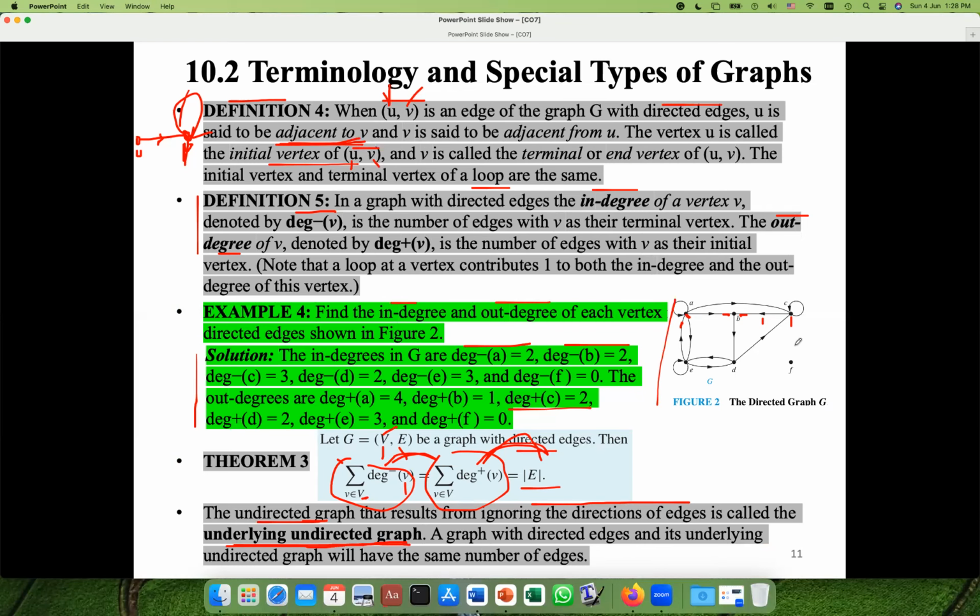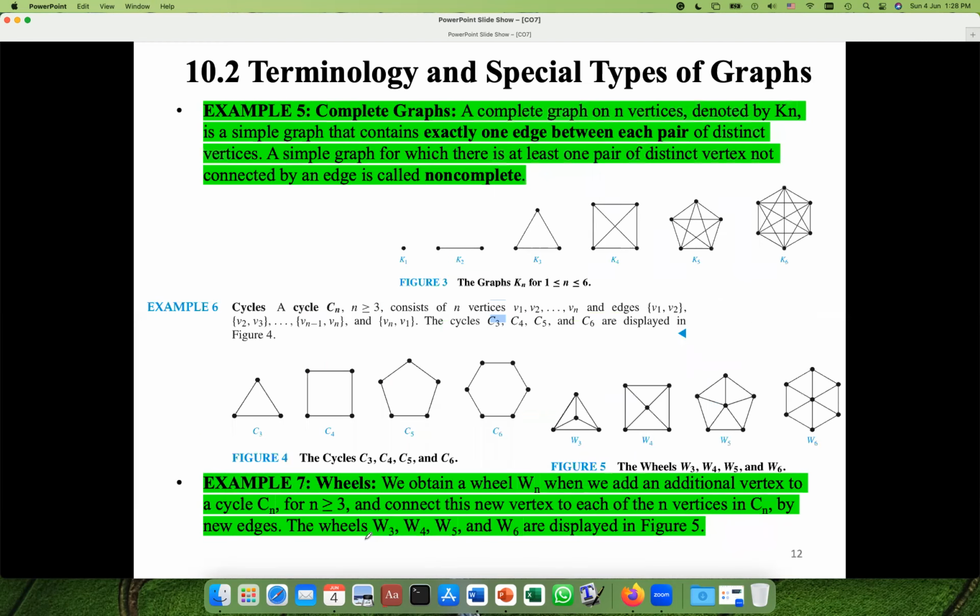Then you only have to remove the direction. The remaining graph, whatever it is, would be called the underlying undirected graph, nothing else.